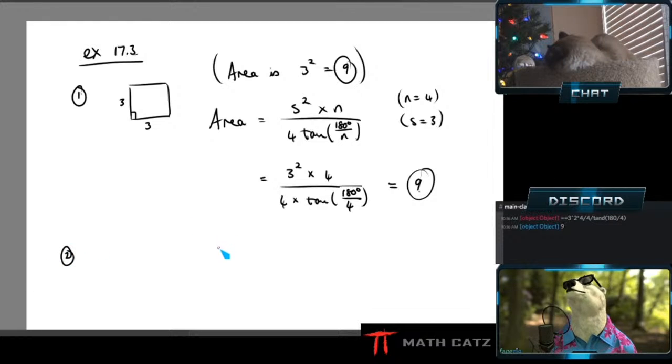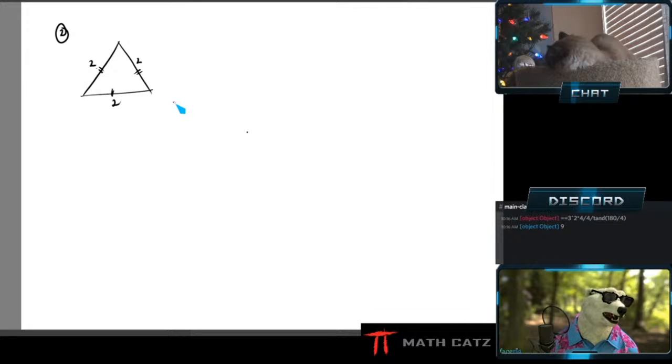But even in the case of a triangle, if it just says I have an equilateral triangle with side lengths 2, they're all the same, I can find the height of the triangle, split it into 2, use Pythagoras, do your thing, you can do it.